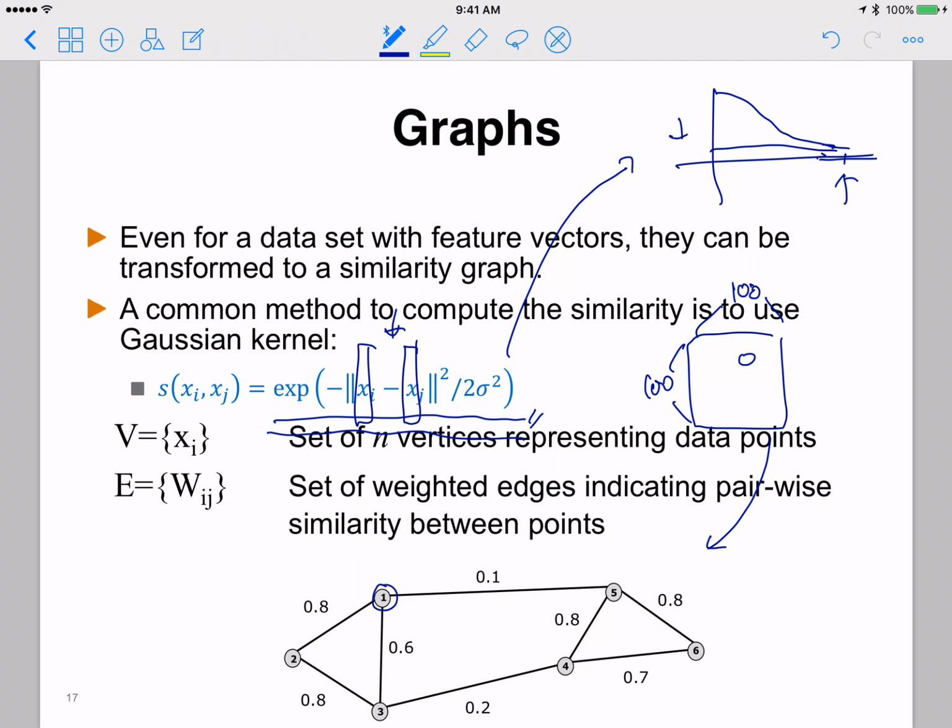Between the first and the second data item, the similarity was computed as 0.7, 0.8, and 0.1 between 1 and 5. That way we can interpret this pairwise similarity matrix in graph form.